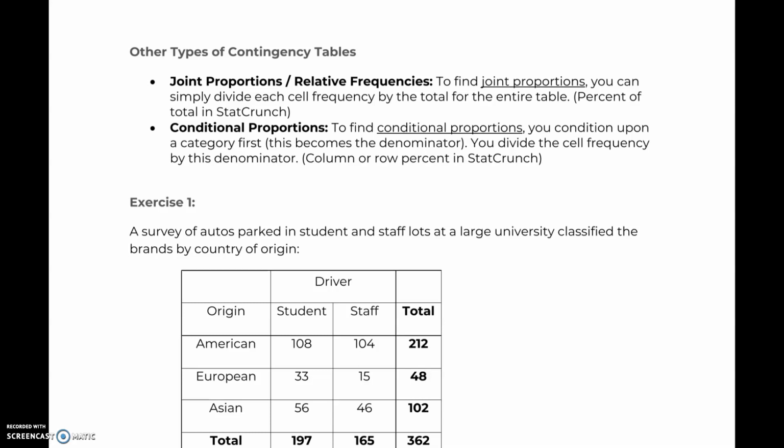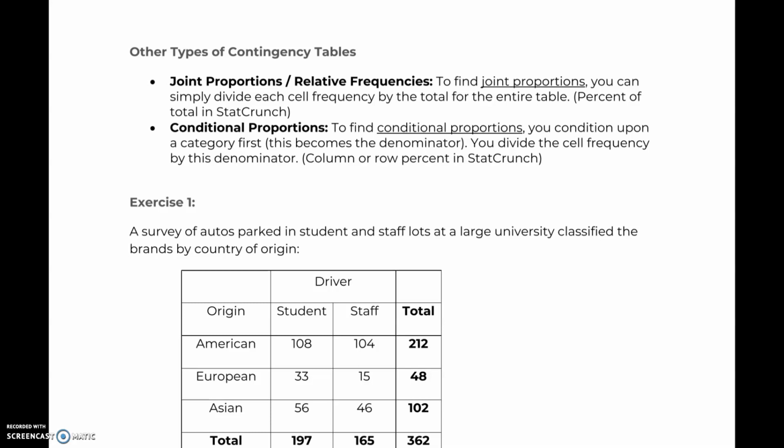For the conditional proportions or conditional frequencies, you condition upon a category first. So maybe we want to know, within the white group, what percentage got jail time. And this is exactly what the side-by-side bar chart that we looked at did. It displayed our conditional proportions or conditional percentages.